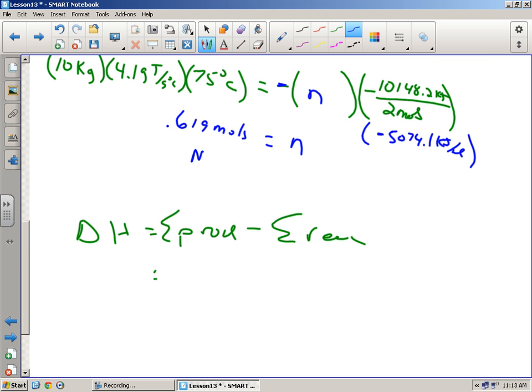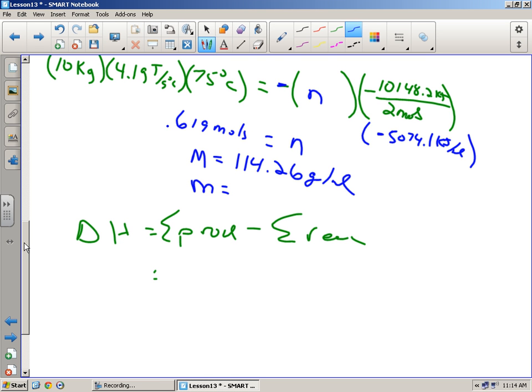So we got n. We got the molar mass of octane, or we could find it out anyway. What is it? 8 carbons and 18 hydrogens. 114.26 grams per mole. And the question was, what's the mass that I would need to burn in order for that to happen, right?